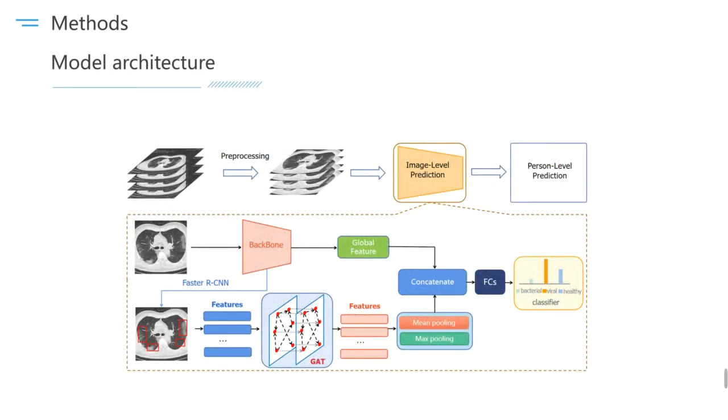In this section, we primarily focus on presenting the framework diagram of our study. The architecture of GMF-Net incorporates several key components. Firstly, it extracts the global features of CT images.